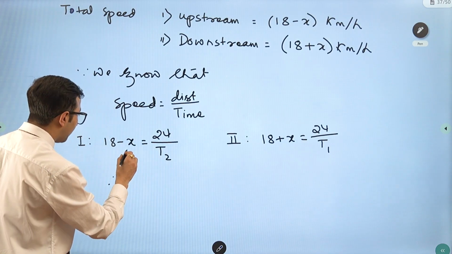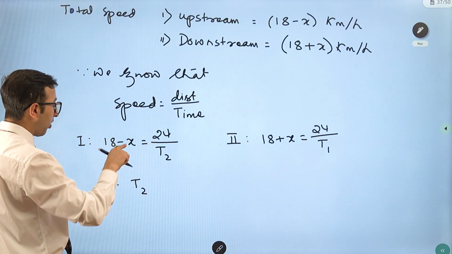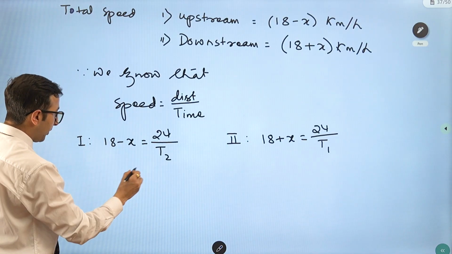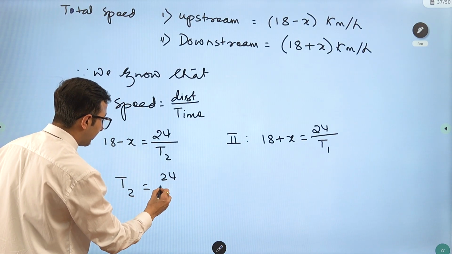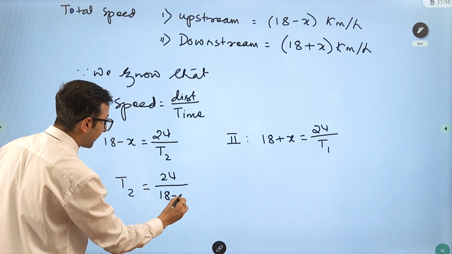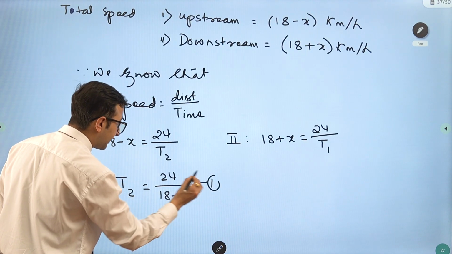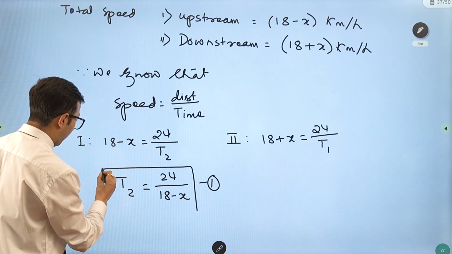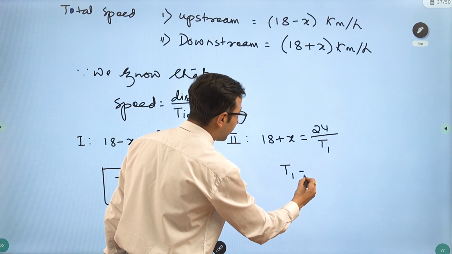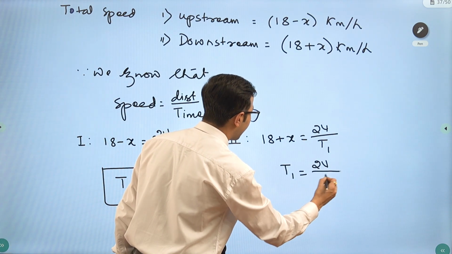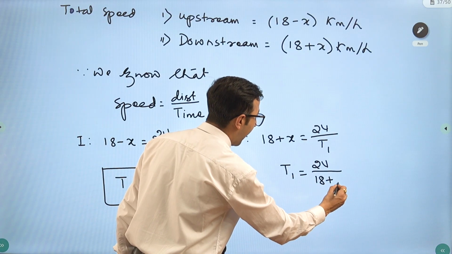So here we will be finding out the value of T2. T2 can be expressed as 24 divided by 18 minus x. We'll take this as equation number 1. Secondly, T1 can be obtained as 24 divided by 18 plus x.